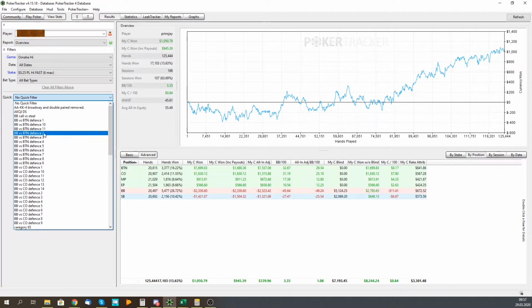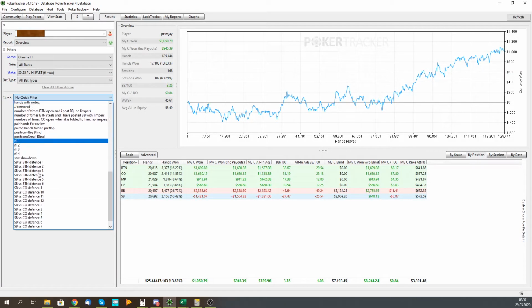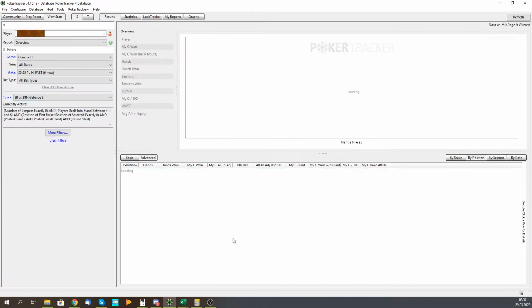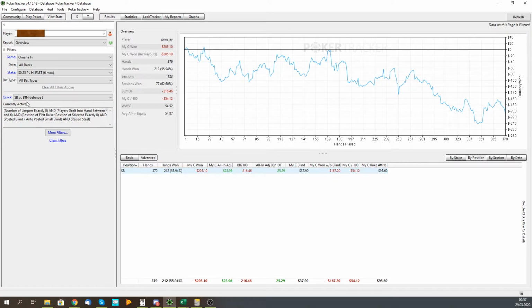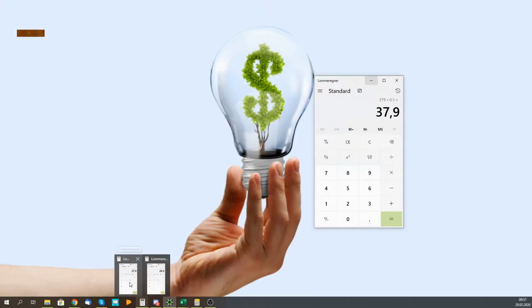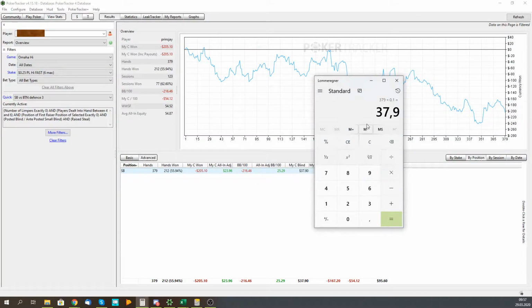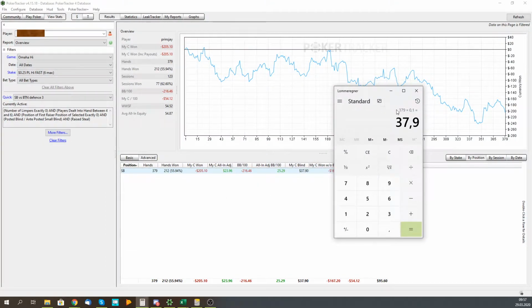The first is this one down here, the small blind versus the button, and we will see that I have lost $205 over 379 hands.